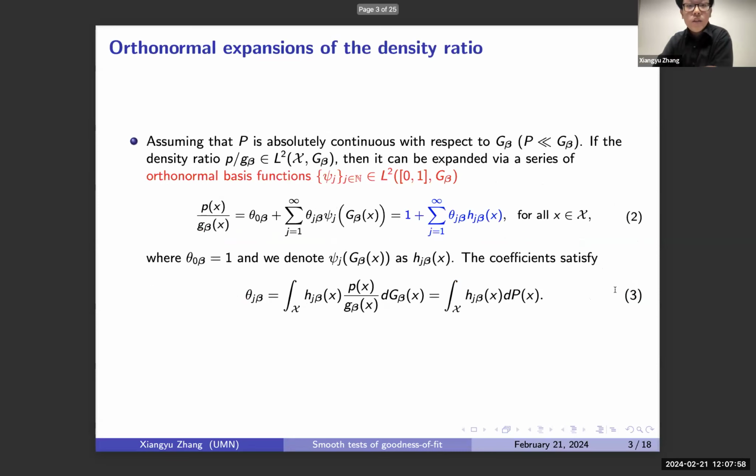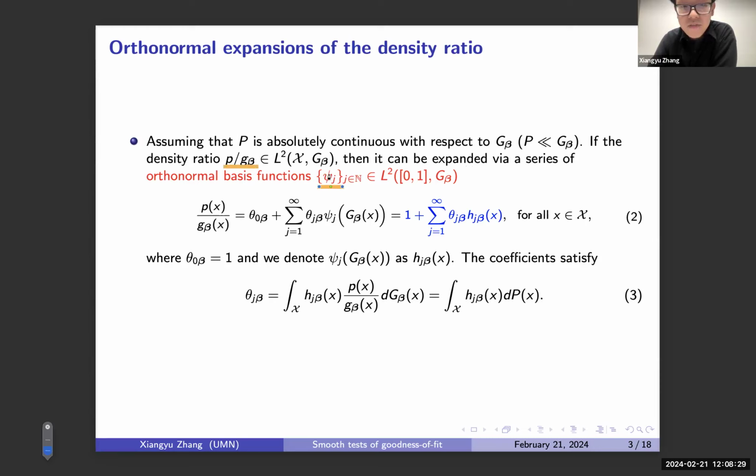Okay. Then to introduce a smooth test, we first need to give a background introduction of the orthogonal expansions of the density ratio. Under some regularity conditions, the density ratio p over g_beta, which is what we want to expand, can be expanded via a series of orthonormal basis functions phi_j.